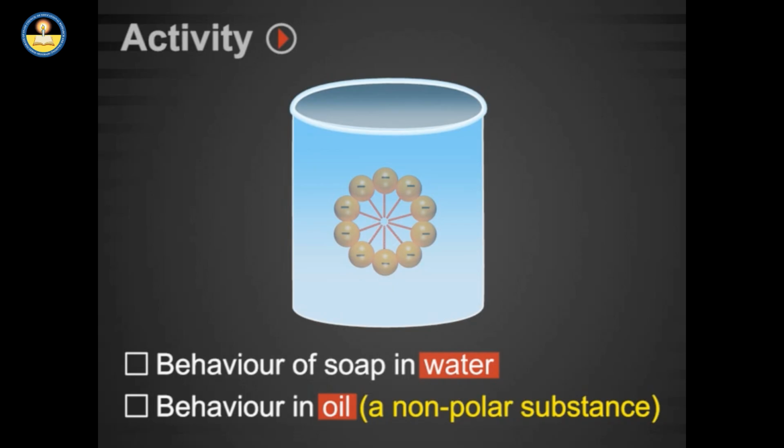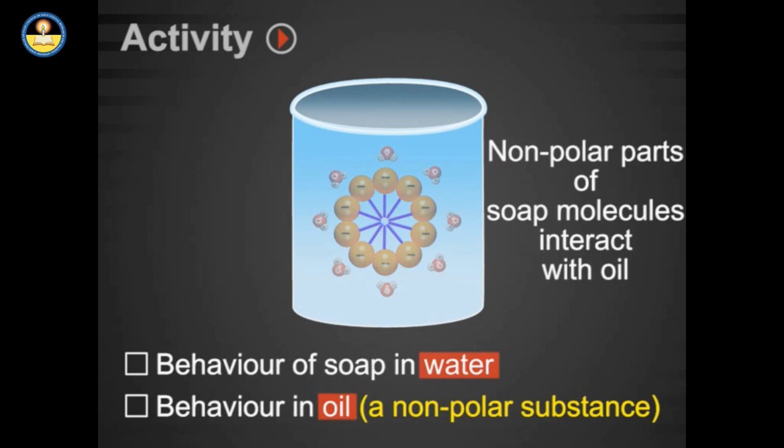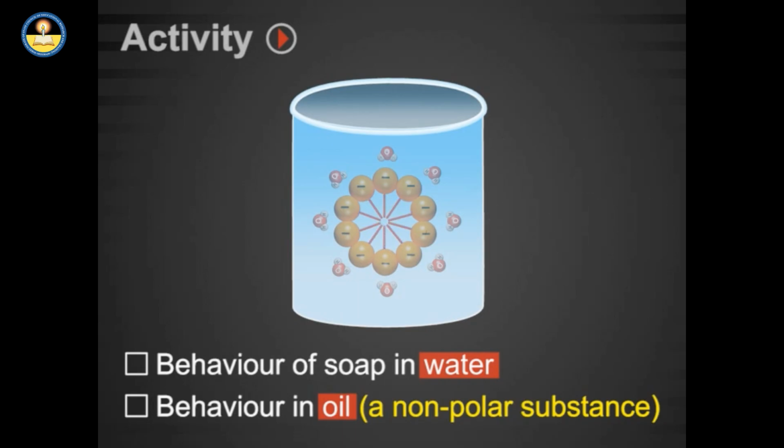I am sure that by now you all know that the polar parts of soap molecules interact with water but avoid contact with oil, while the non-polar parts of soap molecules interact with oil but avoid contact with water. The correct answer is water. This behavior is shown in water.